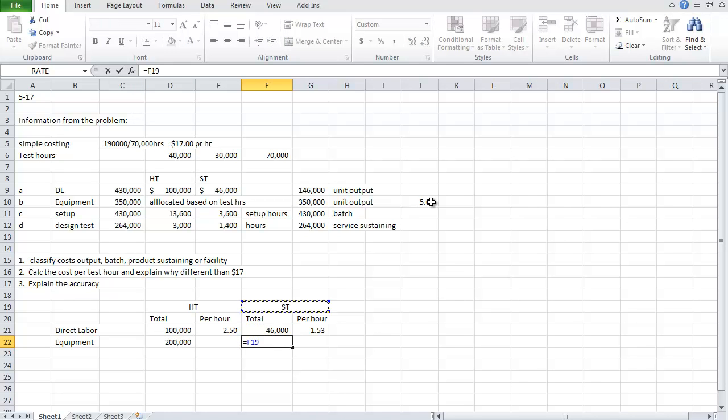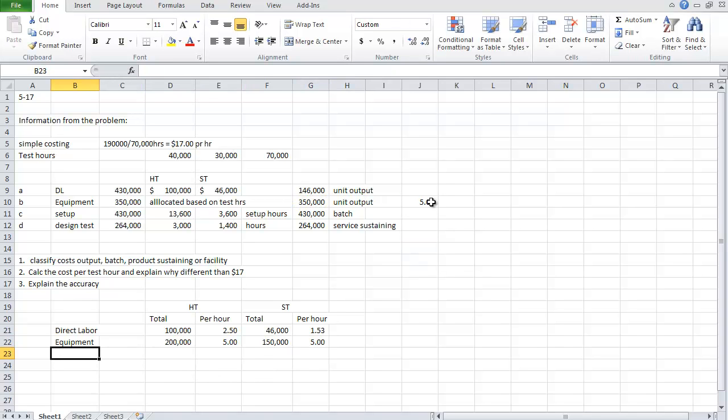And now we'll take 30,000 times the $5 that we calculated. And the cost associated, that should be $150,000. Obviously we used $5 up here, so I'll just fill this in to be consistent. So that takes care of our equipment cost.